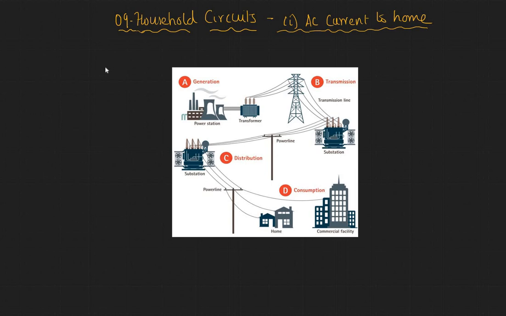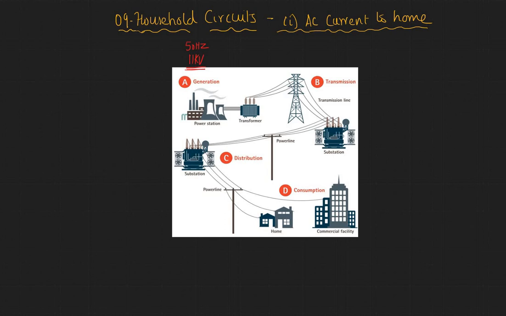So first we have the local power station, and the power station typically produces electricity using generators at about 11 kilovolt. So that's the voltage that it generates, and typically it will be at 50 hertz in India, depending upon the power of this generating station.